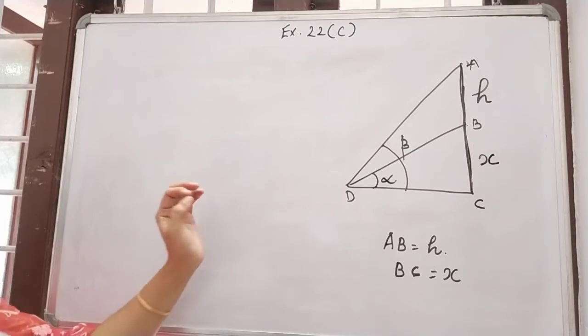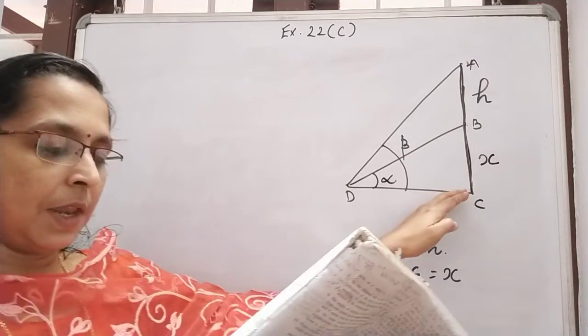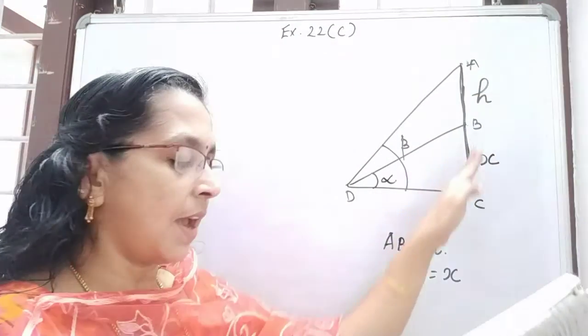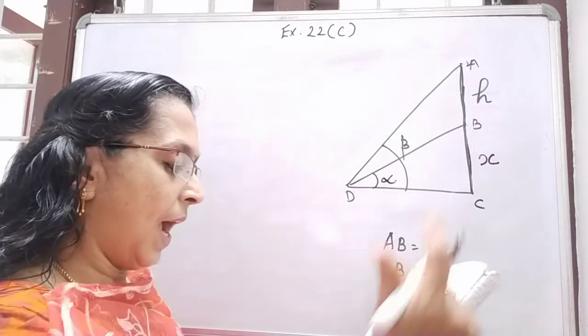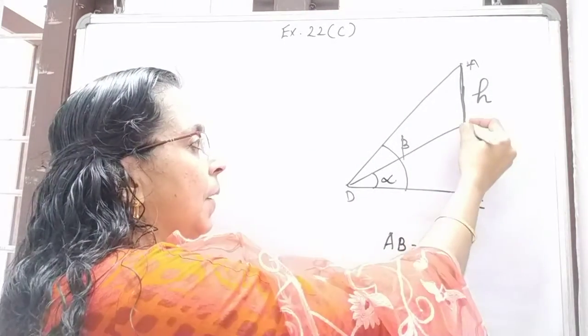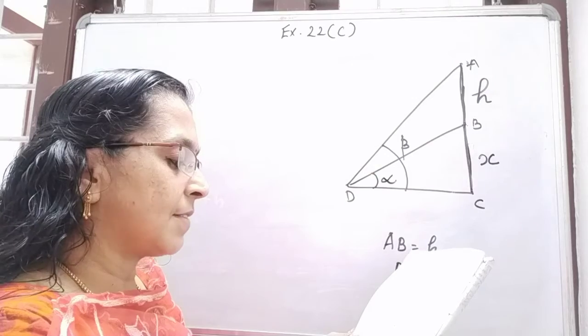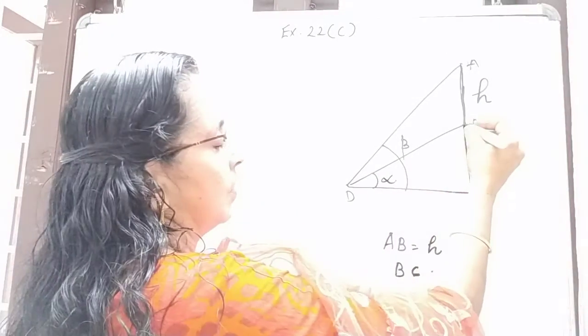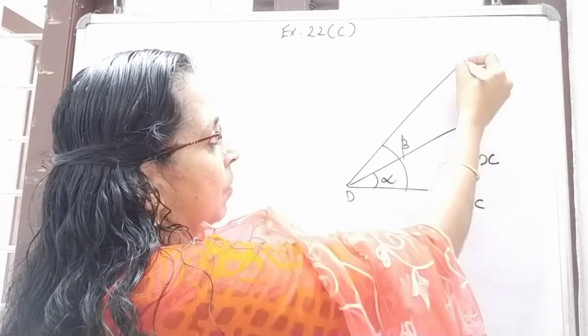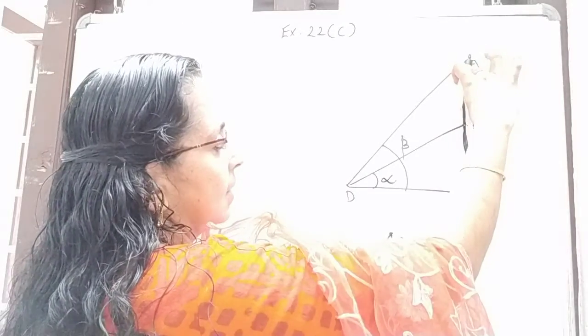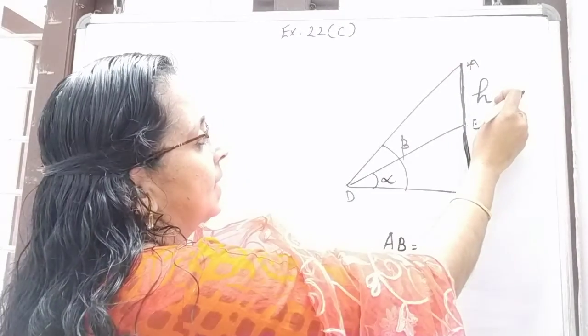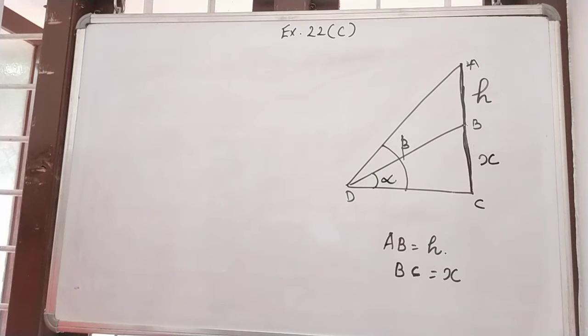A vertical tower stands on a horizontal plane and is surmounted by a vertical flagstaff of height h. So AB is equal to h and BC we can take as x.